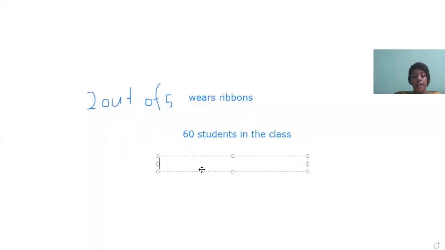Yes. So I'll divide 60 by 5, which is 12. And then because it's 2 out of every 5, I'm going to multiply 2 times 12 to get 24.